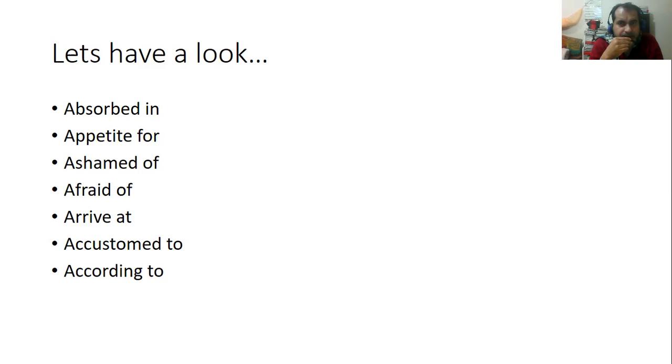For example, if you find someone doing meditation or doing a research job, and you see that he's over head and ears in his meditation or research or any other particular type of work where he gets special interest, in that case, you can say he's absorbed in his writing or he's absorbed in his research.